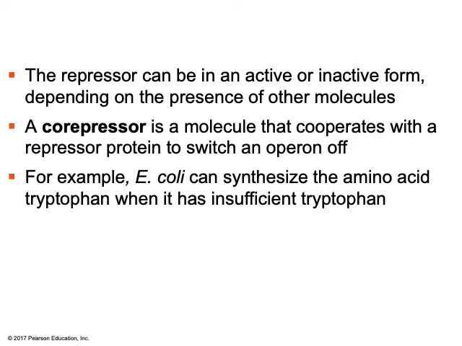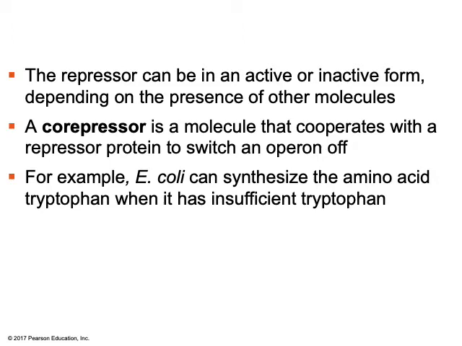Now, the gene is going to be on by default. That is, we are going to need to make these enzymes to build tryptophan because tryptophan is going to be necessary for the cell's function. But tryptophan is also going to be a co-repressor for that regulatory protein.